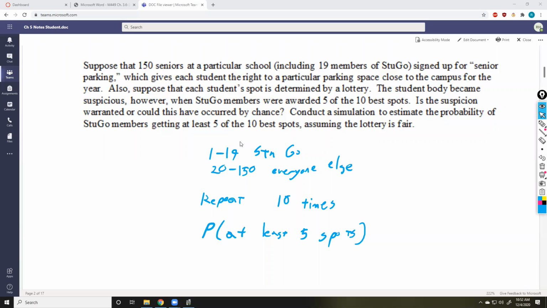And we want the probability that at least 5 of the spots go to student government just by chance of the lottery. How likely is this to have occurred by chance? So each of the numbers is going to stand for a parking spot this time. And we're interested in 10 of the parking spots.